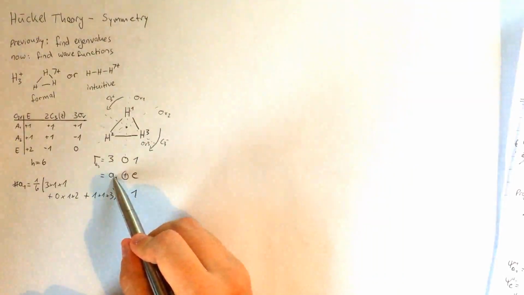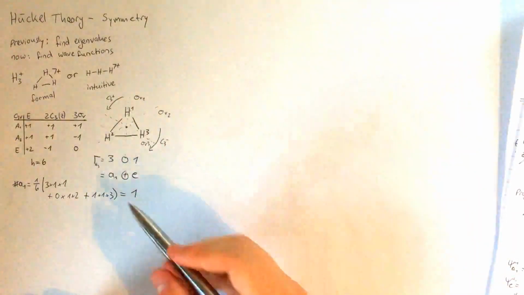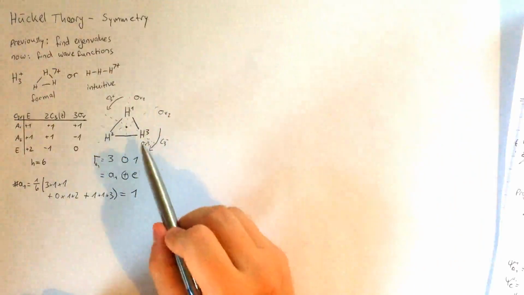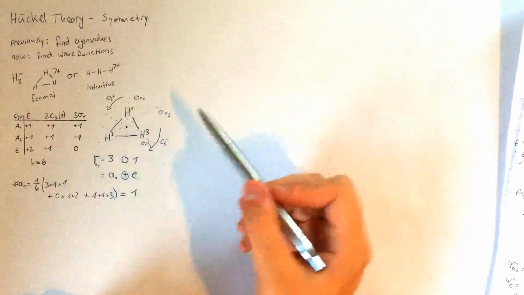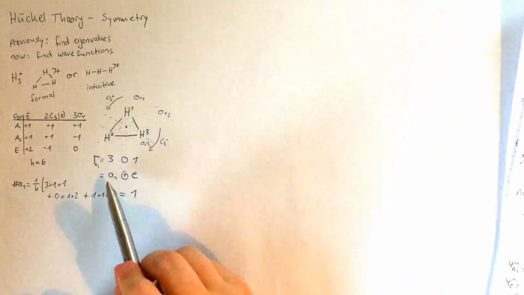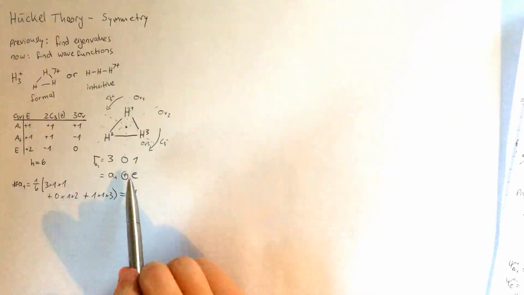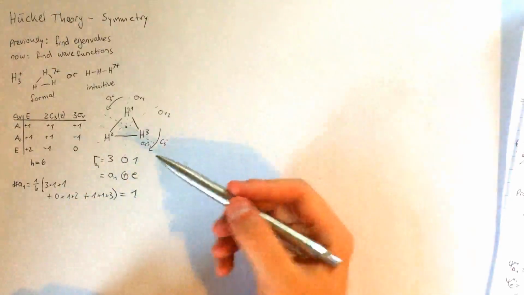Okay, having done that, we know that the representation of an H3 molecule can be broken down into an A1 and an E symmetry type wave function. But now we want to see how exactly our wave function looks.